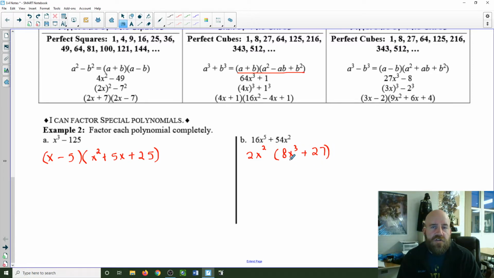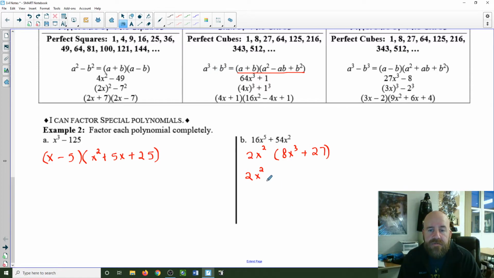The cube root of 8x cubed is 2x, and the cube root of 27 is 3. So we can go ahead and use our formula: greatest common factor on the outside, and then we're dealing with an addition, so a sum.